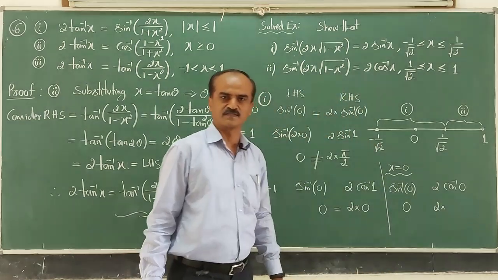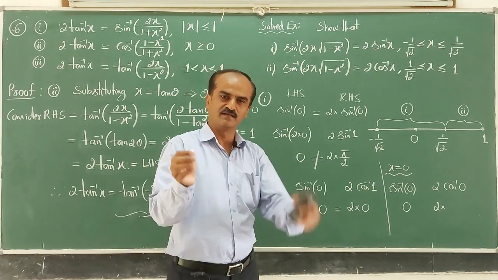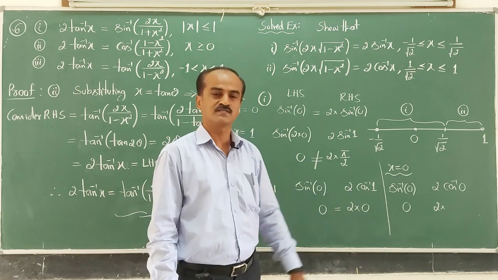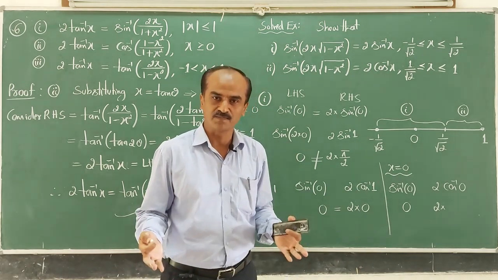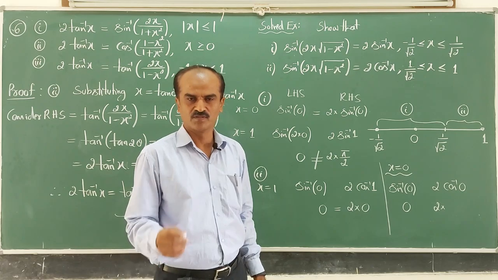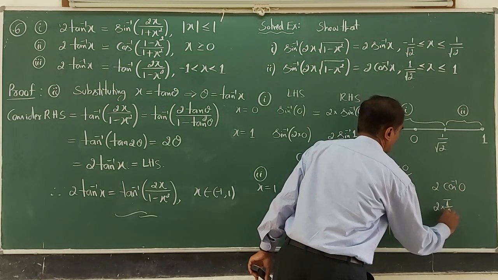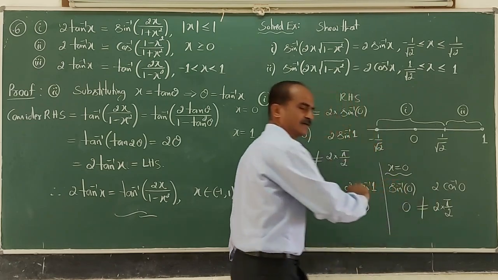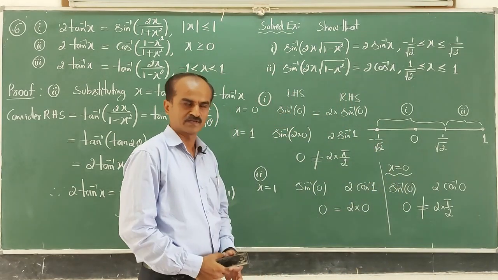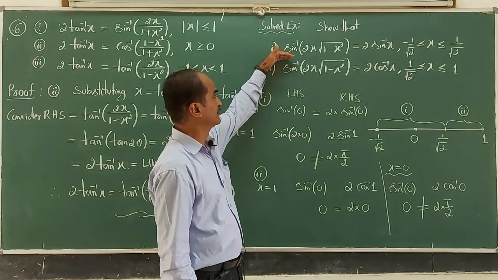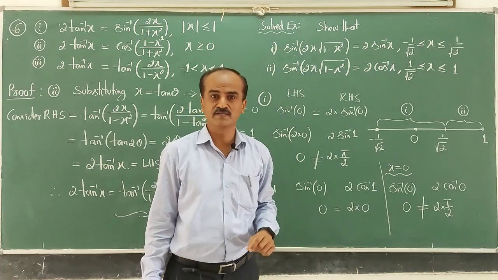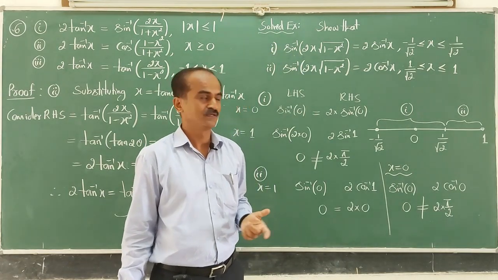Cos inverse of 0: cos of which angle in the interval 0 to pi gives us 0? That is pi by 2. Cos pi by 2 is 0, therefore cos inverse of 0 is pi by 2. Now check, are these two equal? Definitely not.